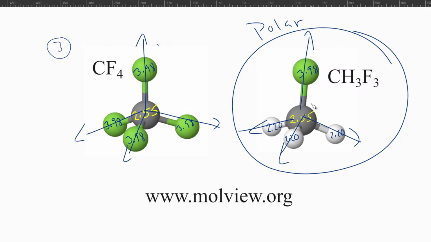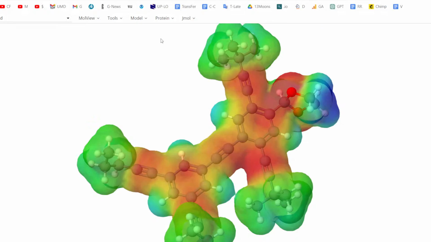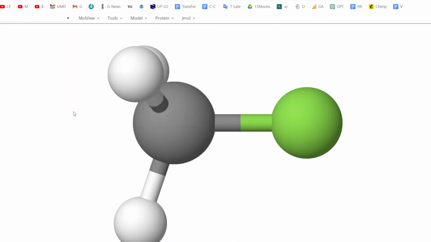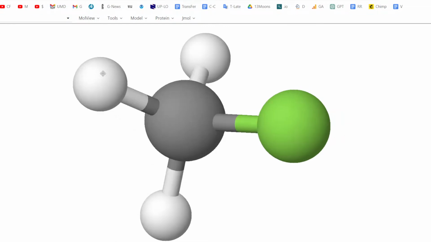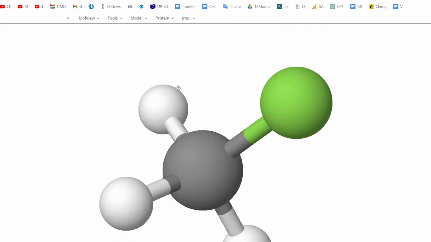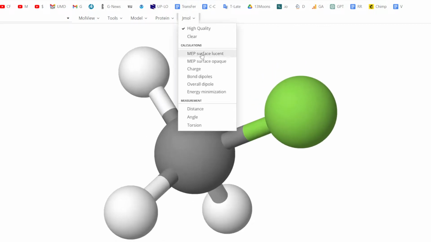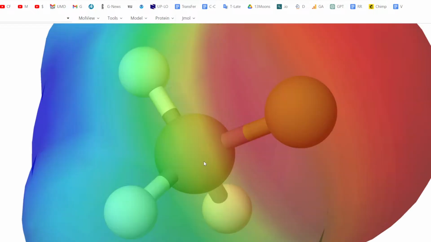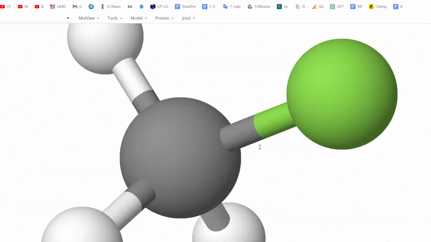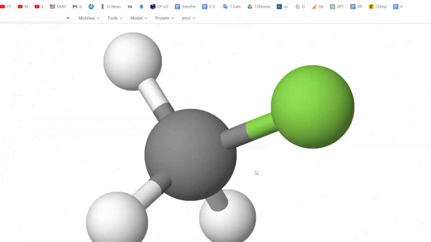Let's go over to MoleView and look at that. So for MoleView, you type up in here what you're looking for, CH3F, right? That's what we were looking for. And we're going to look at the surface. So you go up here to JMOL, click on the surface, and then you can see that polarity there.